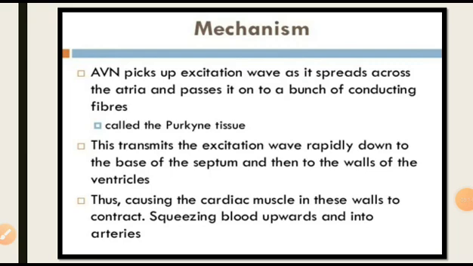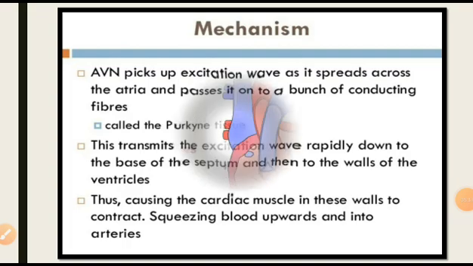This AVN picks up the excitation wave as it spreads across the atria and passes it on to a bunch of conducting fibers called the Purkinje fibers. This transmits the excitation wave rapidly down to the base of the septum and then to the walls of the ventricles, thus causing the cardiac muscle in these walls to contract, squeezing blood upwards and into the arteries.